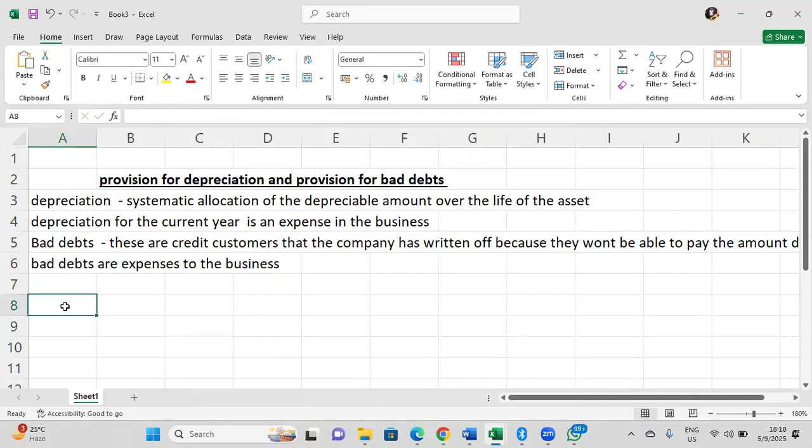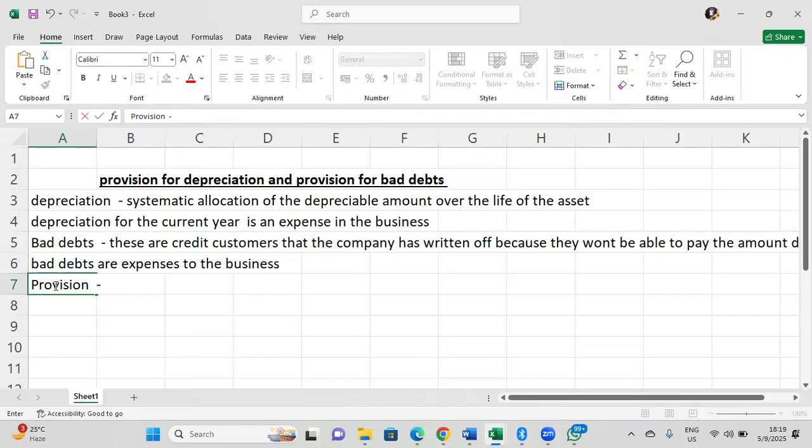Now let's talk about the term provision. There's provision for bad debts and provision for depreciation. A provision is an estimated amount. If we are talking about a provision in accounts, they can ask you that. We are not yet sure whether this person is not going to pay. There is a high chance they are not going to pay. What if this person wins a lotto after they've been declared bankrupt?